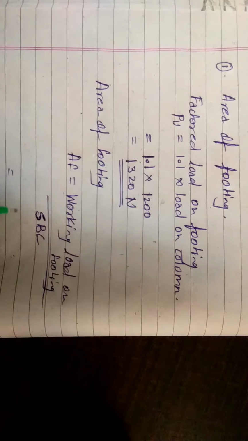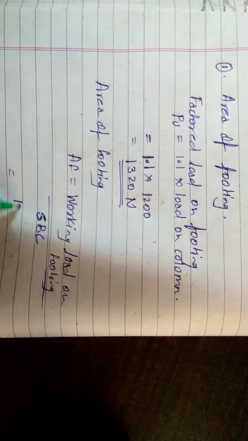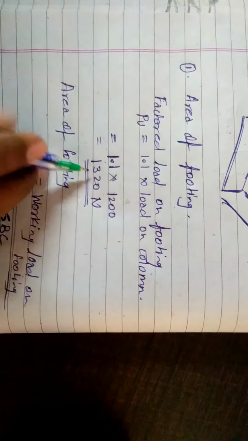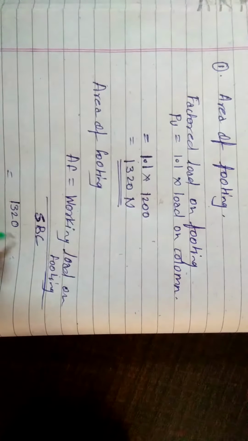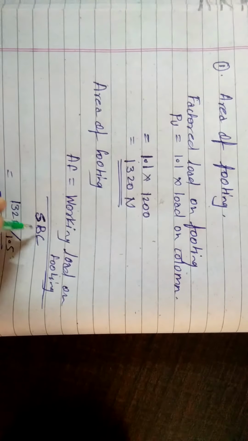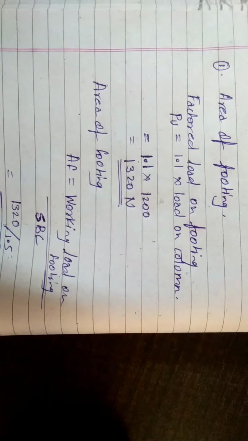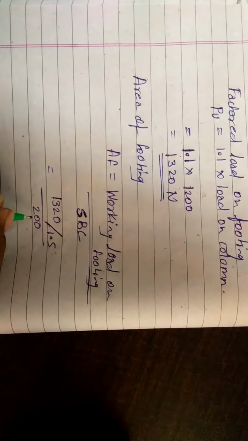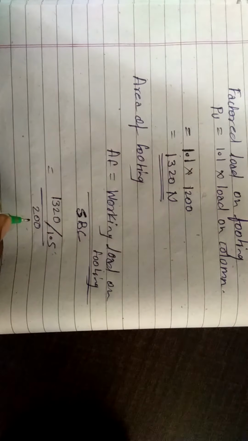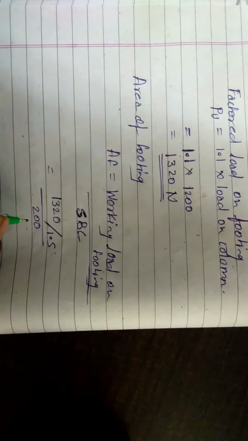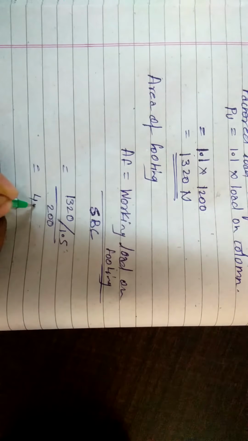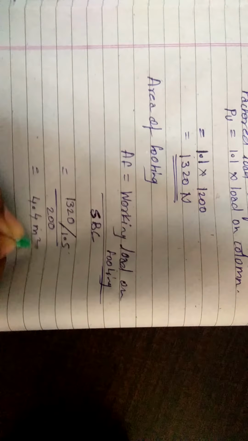The working load is given, we have the factored load, so divide this value by 1.5, then divide by SBC. The value of SBC is 200 kilonewton per meter square. With the help of this we get the area of footing, that is 4.4 meter square.